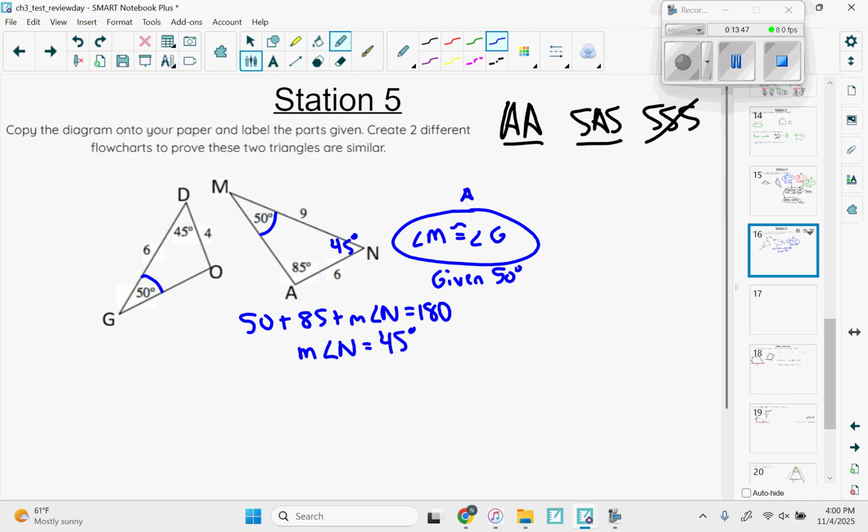So now I do have 2 pairs of angles. Angle D and angle N are also going to be congruent. But before I put that into the flowchart, I have to state what I did first to get angle N. So the measure of angle N was 45 degrees, and we found that by doing the triangle angle sum theorem.